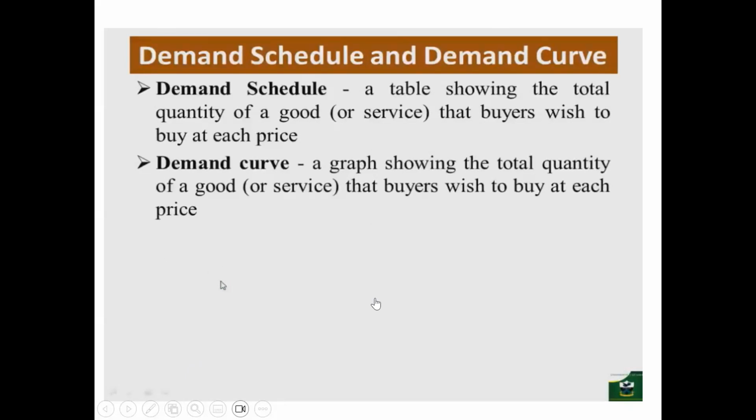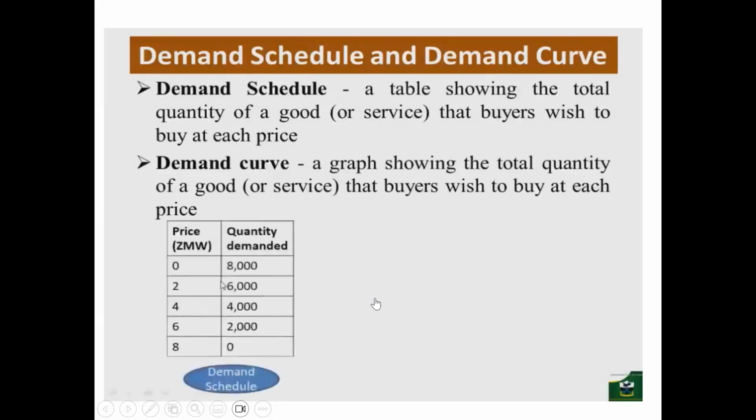Now, when we say at each price, it means that we have a series of prices, and then we want to consider only a given price. So as we move down the curve, we will be seeing the different amounts of a commodity purchased as prices change. In a visual form, a demand schedule looks like this, where we have prices ranging from 0 to 8 as an example, and the quantity demanded of it reducing from 8,000 down to 0.